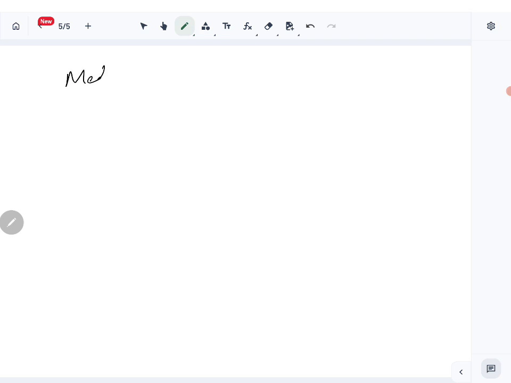So the median is 29.26 into 10,000, since these are in 10,000 denominations, so 2,92,600. This amount of rupees is the median, right? Then what?